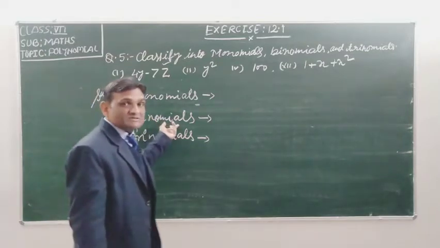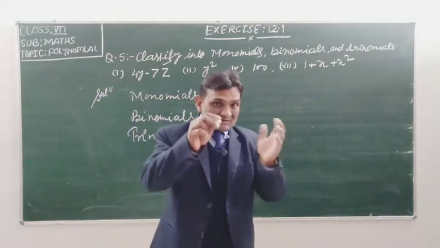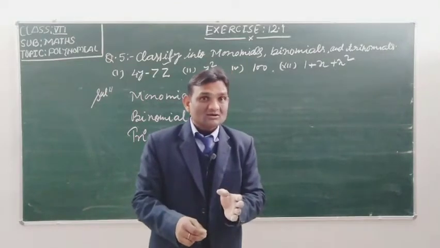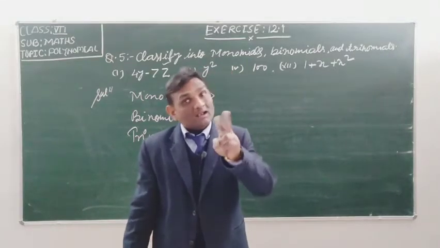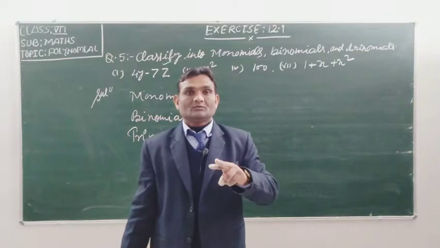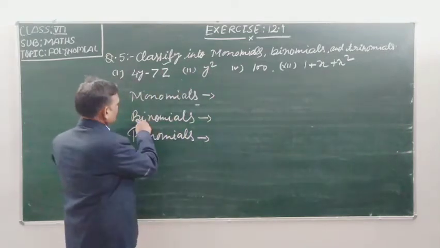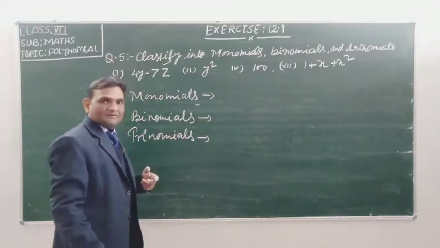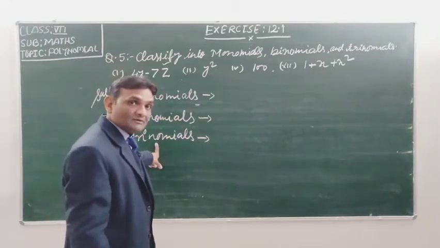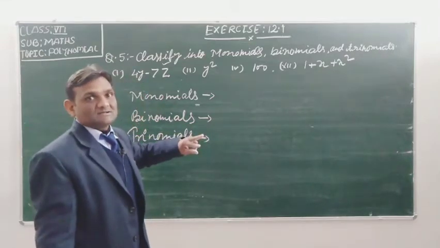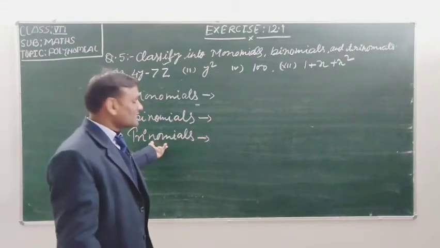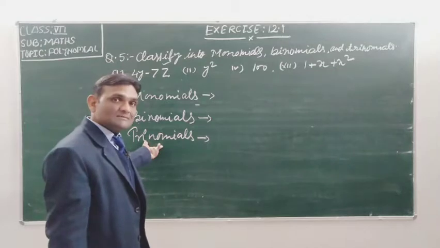So binomials means expression has two unlike terms is called the binomials. And trinomials, that expression which has three unlike terms. Three unlike terms are called trinomials.